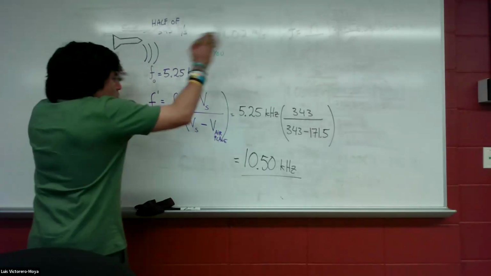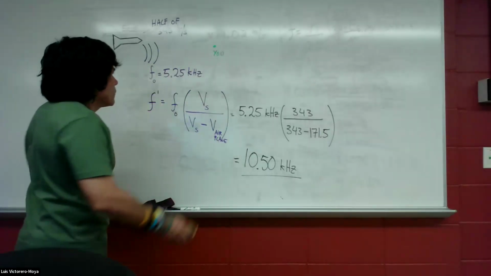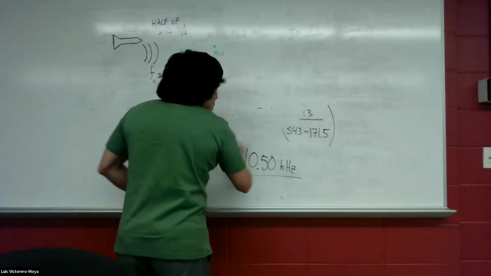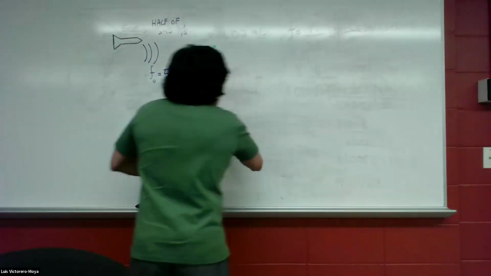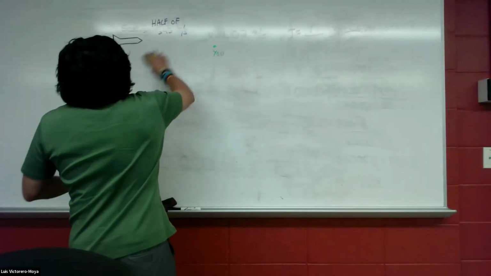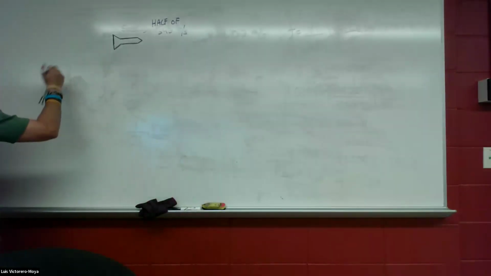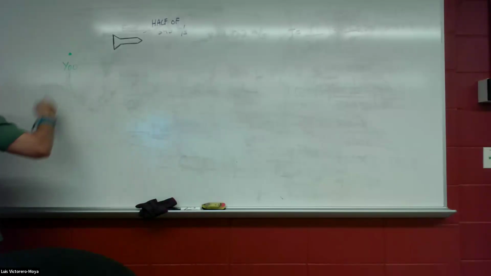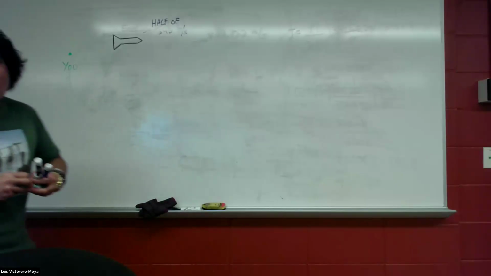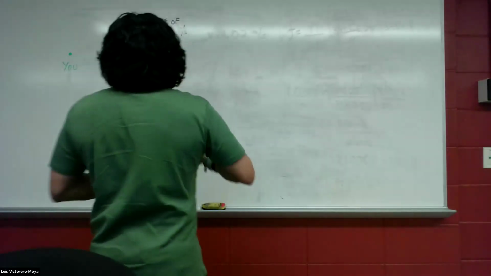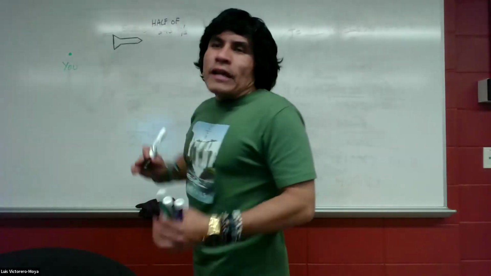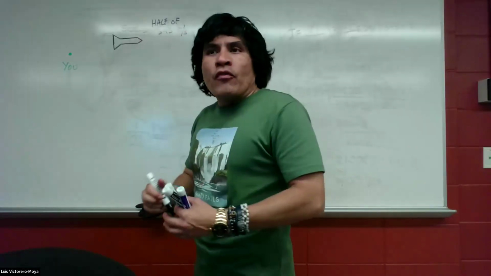So this is when the airplane is approaching. Now, when the airplane is moving away, let's put yourself here. Again, you're not moving. So now you are going to record or listen to a lower frequency.